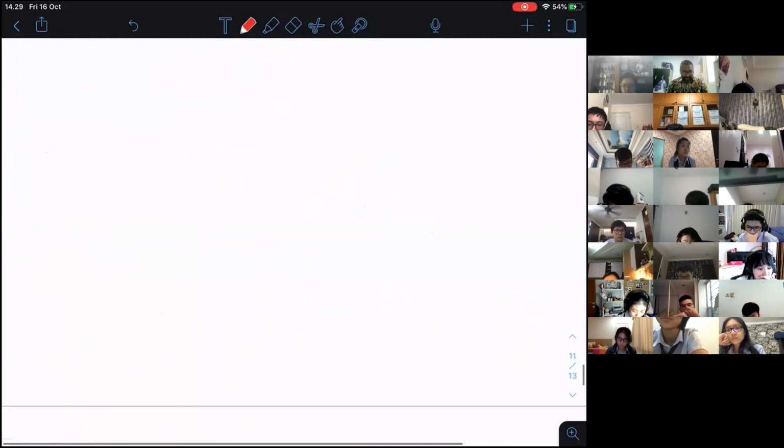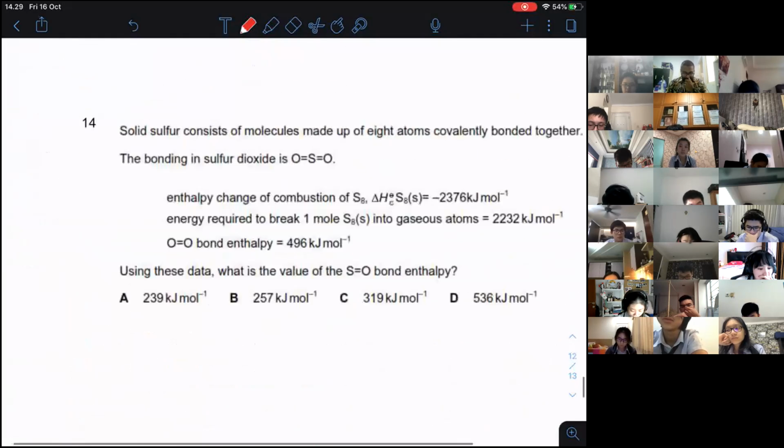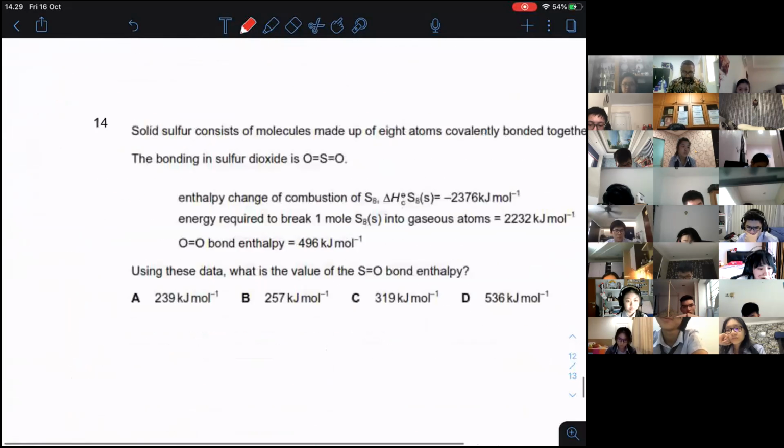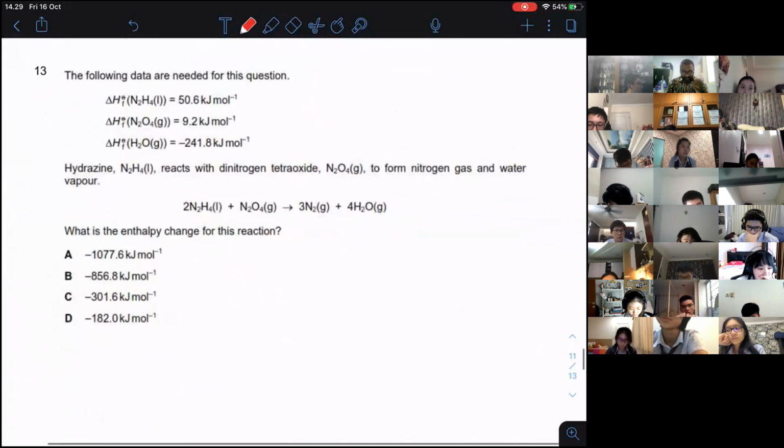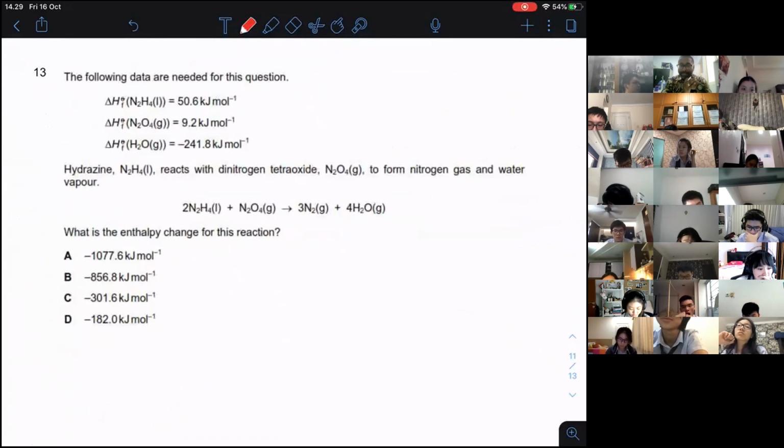I think this is the last, I have 14 or 15 questions. Yeah, 13. You see all the formation. So just put 2 times 50.6. This is going to be 9.2.